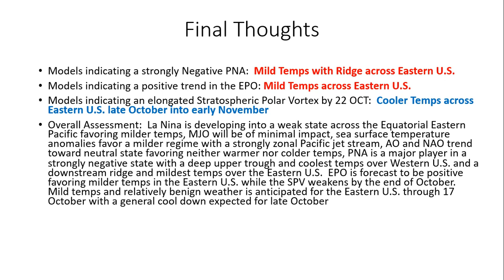The EPO is forecast to be positive, favoring milder temperatures in the eastern U.S. as well, while the stratospheric polar vortex weakens towards the end of October. So overall, I'm expecting mild temperatures and relatively benign weather over the eastern U.S. through the 17th of October, with a general cool down expected for late October.